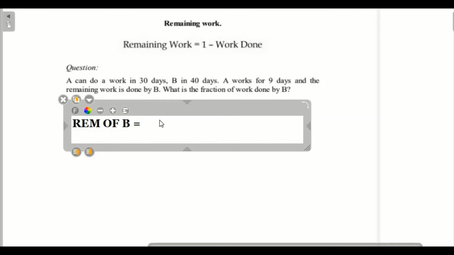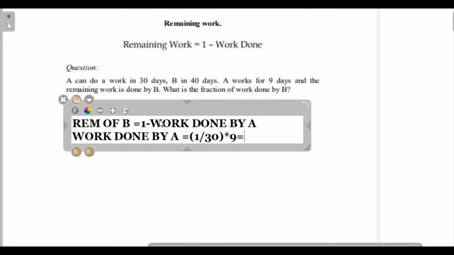So remaining work of B equal to 1 minus work done by A. So we have to find work done by A. So that is 1 by 30 into 9 equal to 3 by 10.